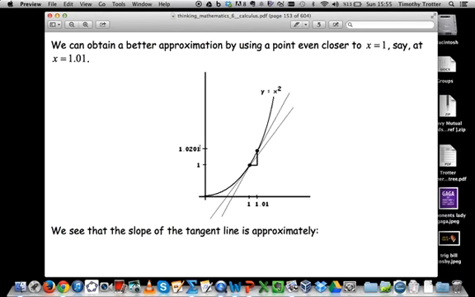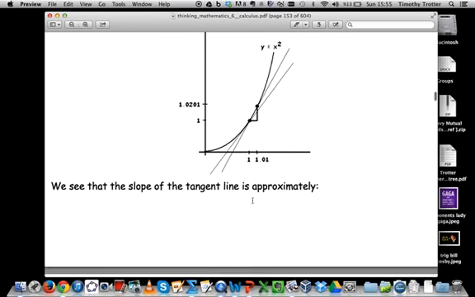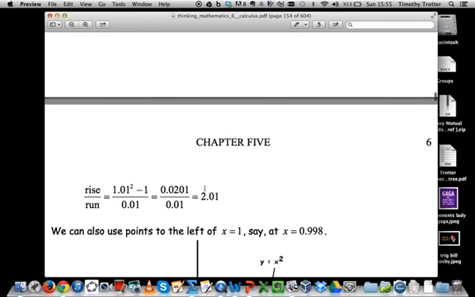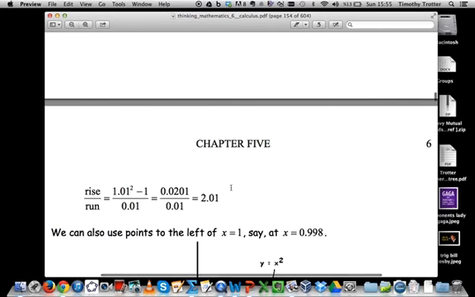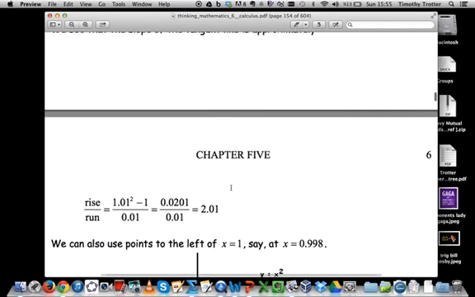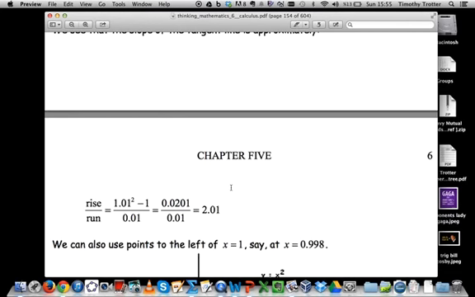Well, then that gives us this as the y value, and then we can substitute these values, the change in y over the change in x, to find a new value for the slope. This one's 2.01. Well, again, we've gotten closer to the slope of the tangent line, but we haven't gotten the slope of the tangent line exactly.